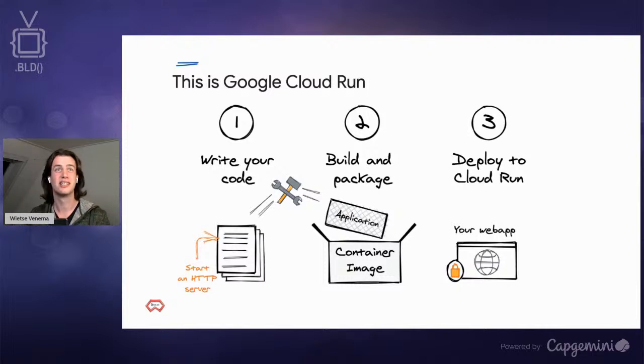First, you write your application using your favorite programming language. The only requirement is that your application should start an HTTP server. Second, you build and package your application into a container image. And finally, you deploy the container image to Cloud Run. Once you've deployed your container image, you'll get a unique HTTPS endpoint back.